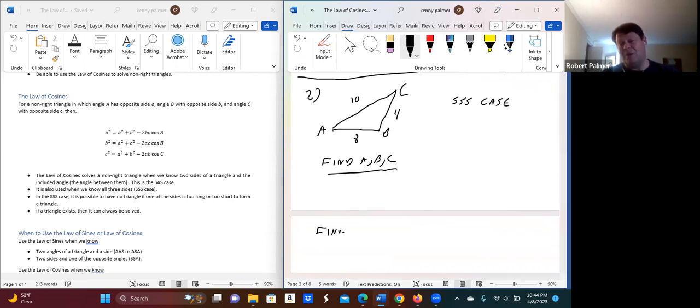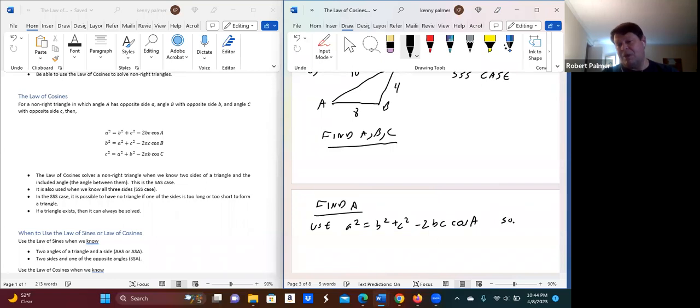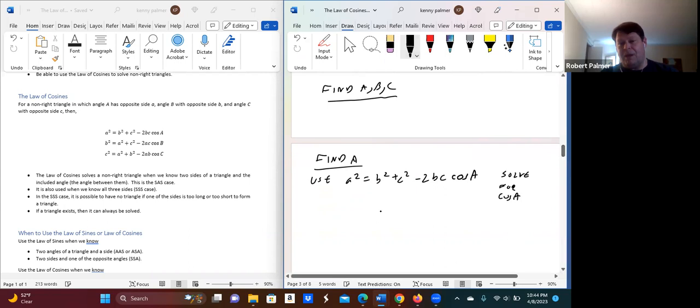Let's find angle A. Like I did before, let's use this first relationship: A squared is equal to B squared plus C squared minus 2BC times the cosine of angle A. And once again, I'm going to solve for cosine of A. If I do that the same way I did a minute ago, I'll spare you the steps.